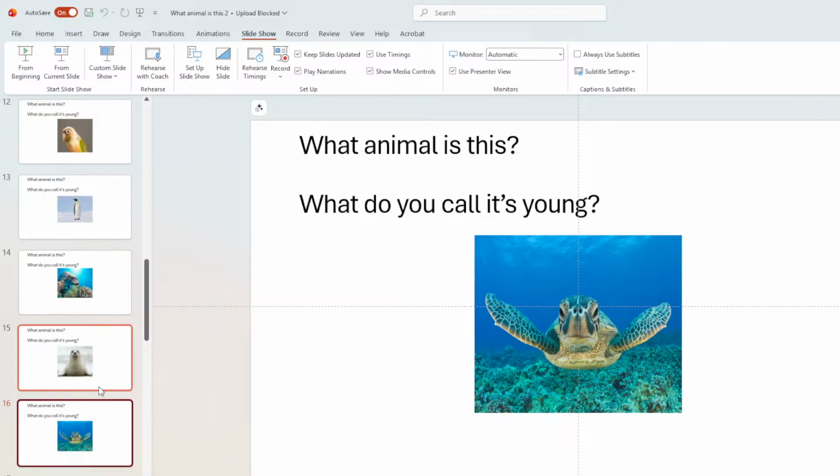All right, so that animal is a turtle, right? So you see, it looks more or less like the tortoise, but the difference between a tortoise and a turtle, from what I know at least, is that the turtle lives in water. It needs an aquatic environment, whereas the tortoise lives on land.